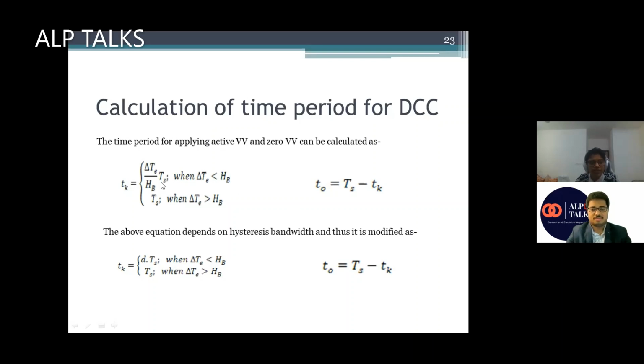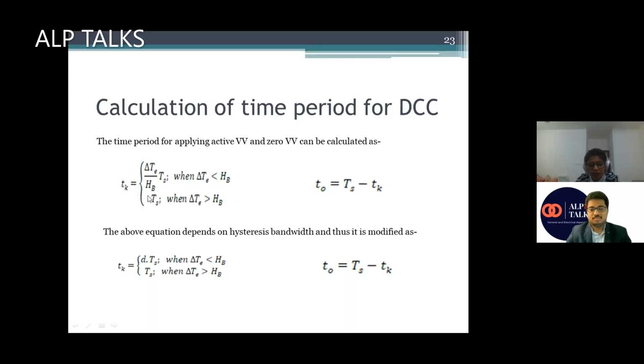So as we can see in the first formula, the time period depends on the hysteresis band. So the error or the ripple in torque will again come more as the band limit changes, then the error also changes.